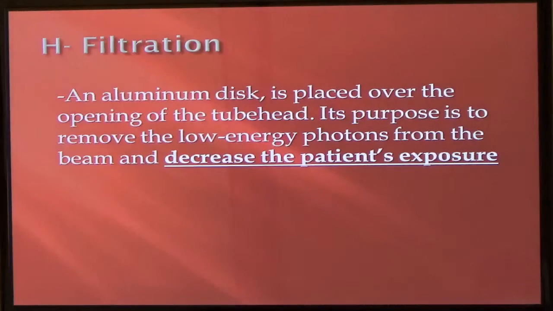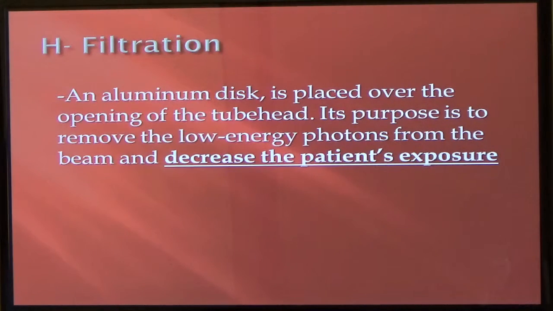Okay, we have filters there to get rid of the waves that aren't going to do much, just to minimize the patient's exposure. So those waves that are long and probably aren't going to do any good, why shoot them through? The aluminum filter is going to stop the waves that don't have enough power to actually do anything. So why expose the patient to those waves or that radiation? So it filters out those that we don't have any use for.